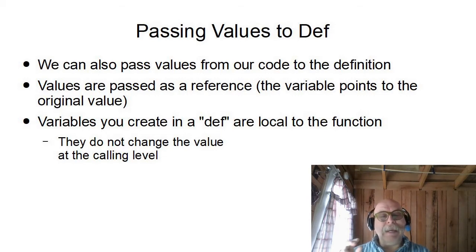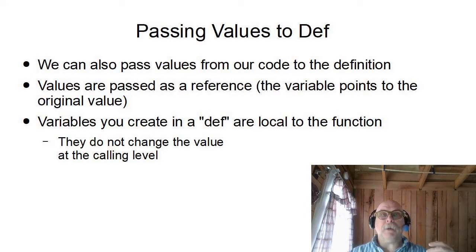Variables that you create inside the definition are unique and local to the definition. So if you have a variable A outside the definition that has a value, and then you assign a new value to A inside the definition, and you didn't pass it, meaning you didn't include it in the arguments in the definition, then it's absolutely a unique and new variable and doesn't clobber the value outside the definition.